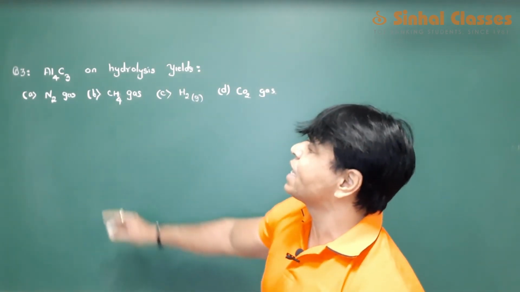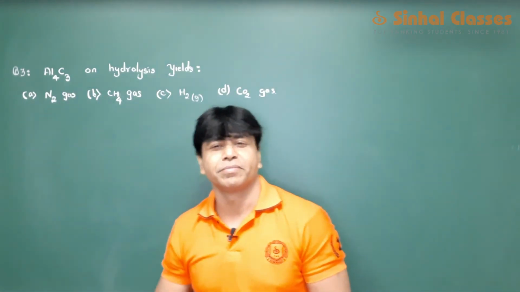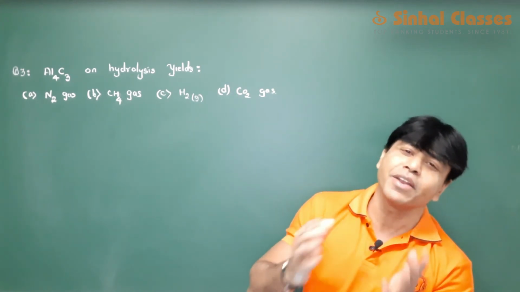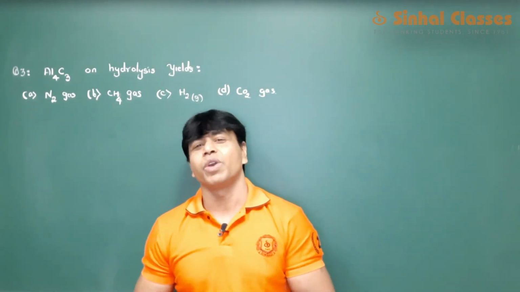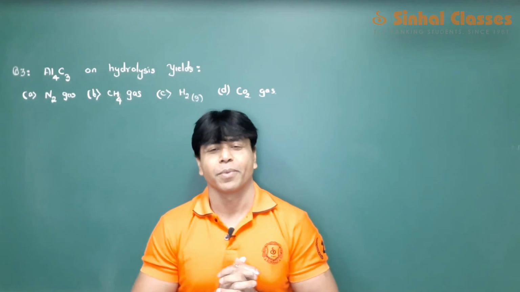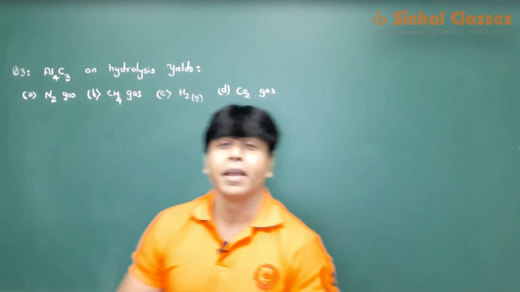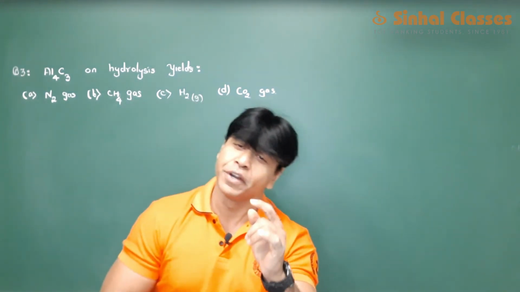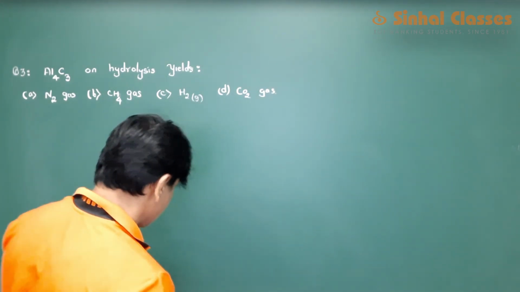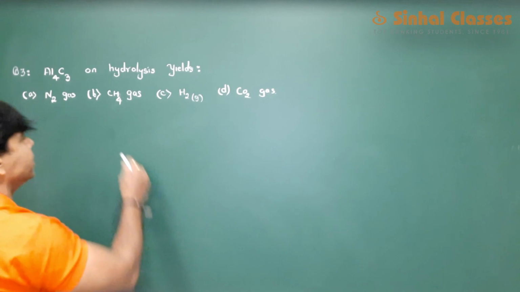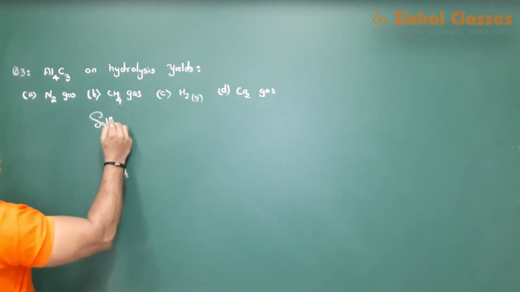Aluminium carbide is an inorganic compound, and from this inorganic compound we want a gas on hydrolysis. So let us see what will happen if we do hydrolysis of aluminium carbide.